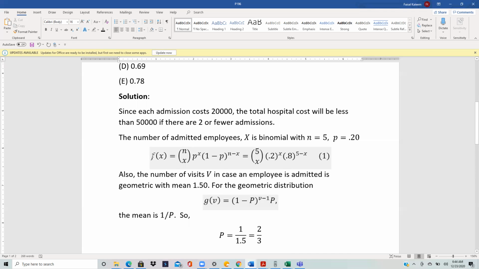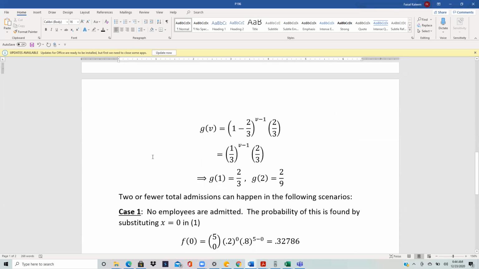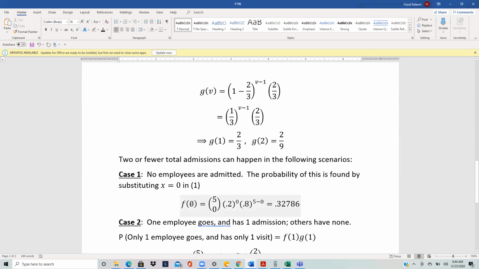Here we are dealing with the case that the number of admitted employees is 0. So f of 0 comes out to be this, and the probability of that is 0.32768.